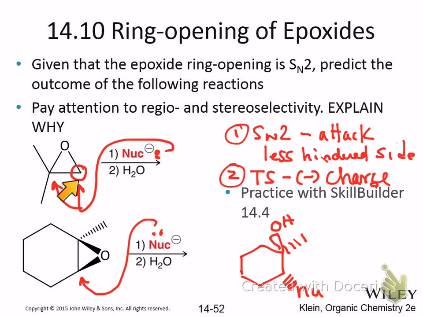For this one, it's going to come on this side, so you'll end up with this, and this is not a chiral molecule, so it doesn't really matter, but your nucleophile will be on the underside of it. Okay? They come in from opposite sides, so the functional groups will be on opposite sides.